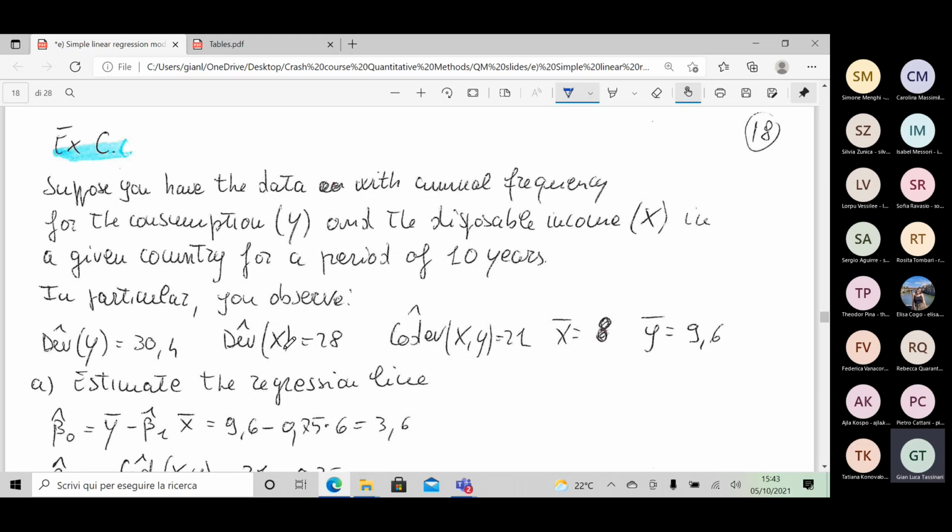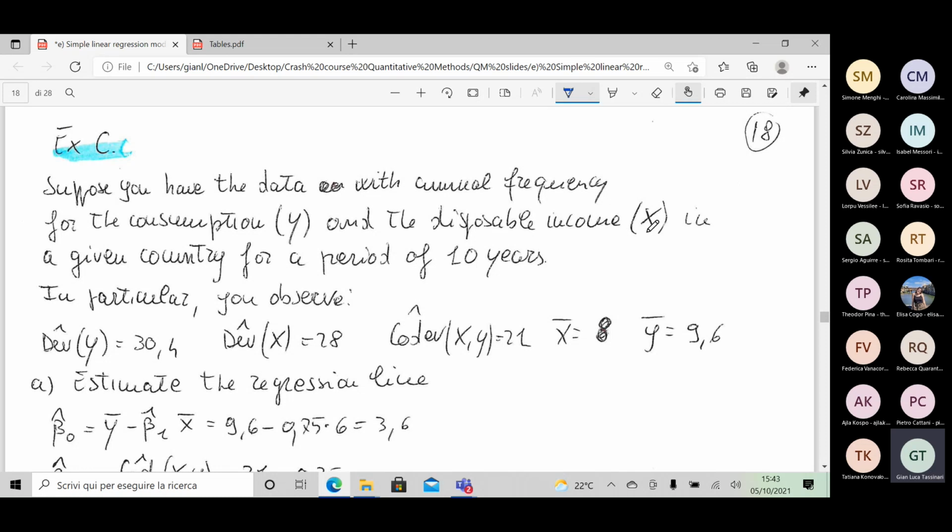Given your sample, suppose you made the computation and you got this estimate of the deviance of Y, the consumption, this estimate of the deviance of the disposable income, this estimate of the codeviance, and the sample means, small x bar, 8, and small y bar, so the average consumption and the average disposable income in these 10 years.